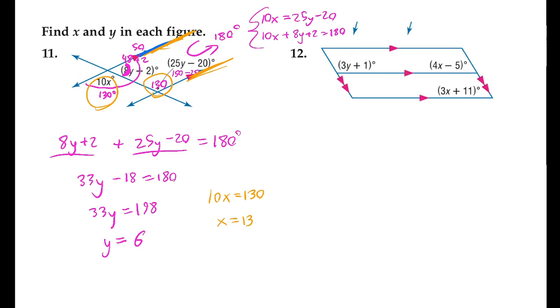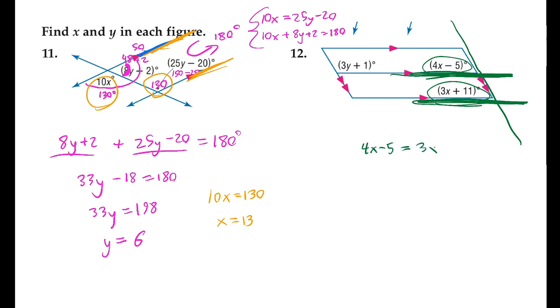Plus, I don't want to relate x and y together. So instead, what I'm going to do is I'm going to say, what relationship do I have between this and this? Well, along this and this parallel line and this transversal, those are corresponding angles. So my corresponding angle postulate says 4x minus 5 must equal 3x plus 11, or just like the common sense big approach here is, right?